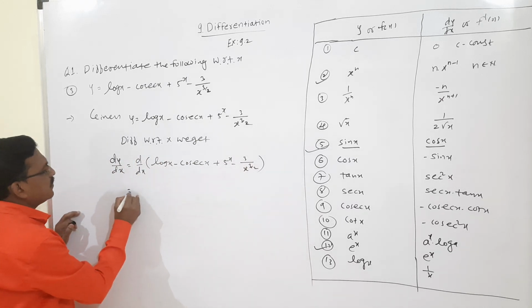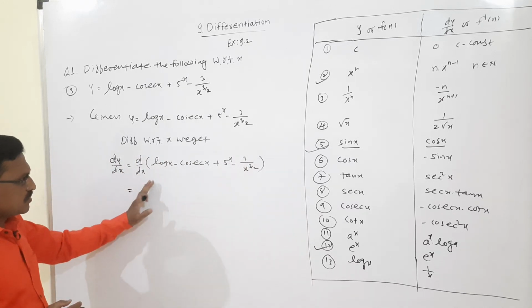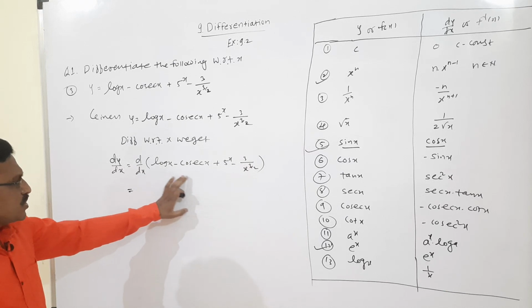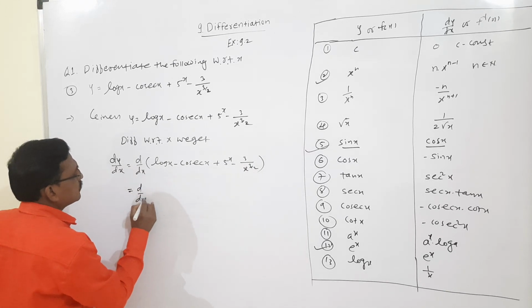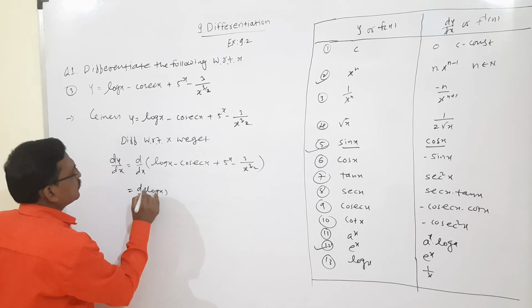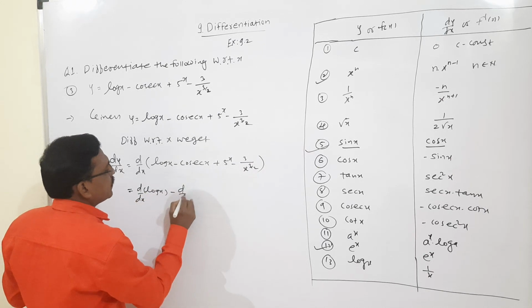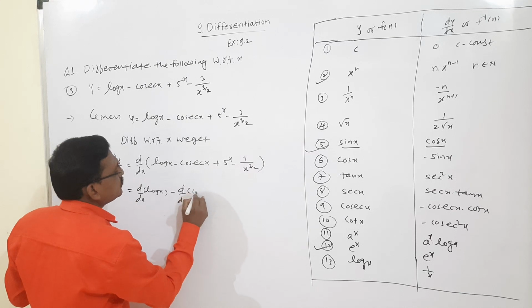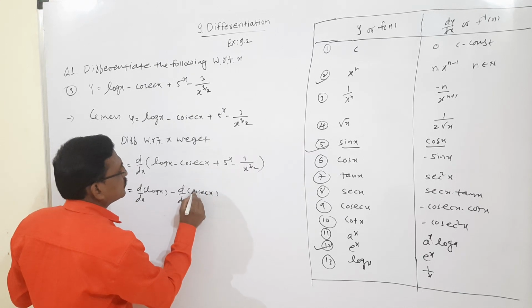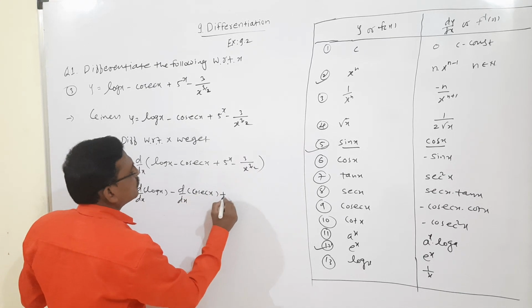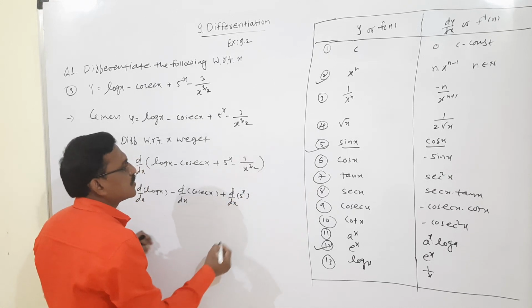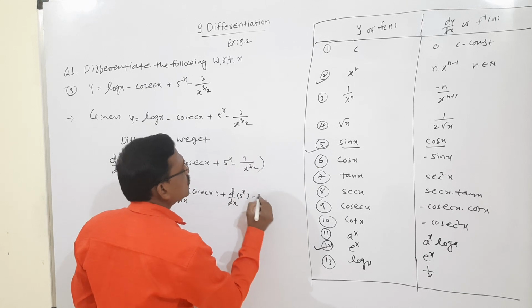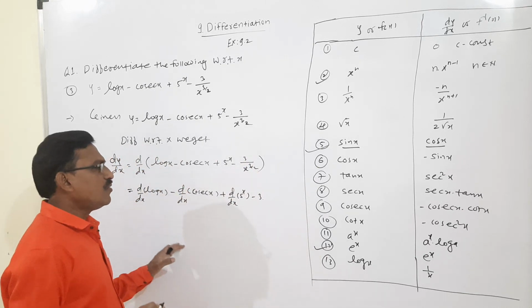Then you may take the derivative of each and every function separately. So derivative of log x minus derivative of cosec x plus derivative of 5 raised to x and minus 3, where 3 is a constant, take it before the derivative.